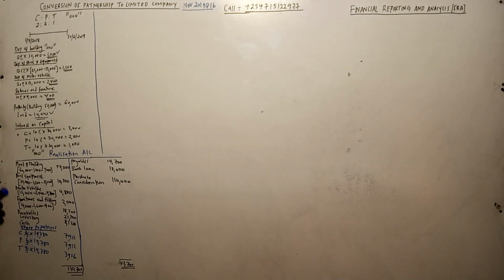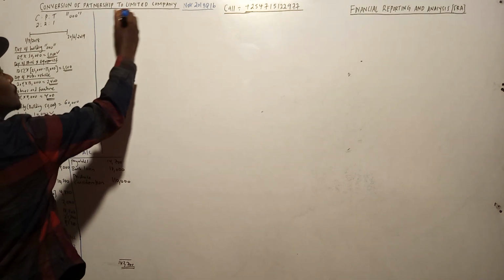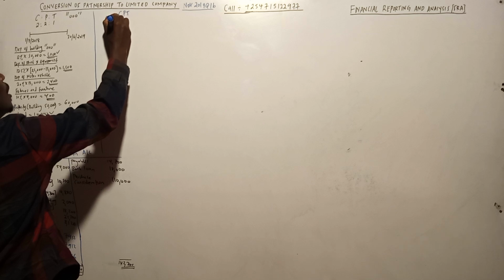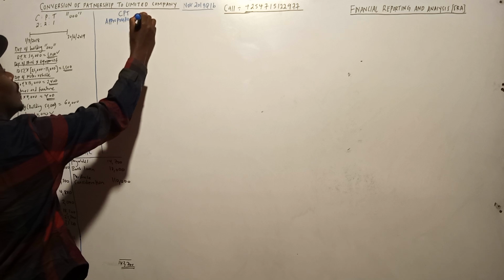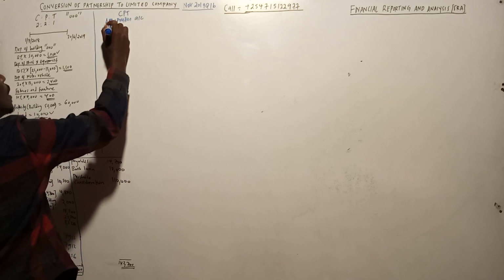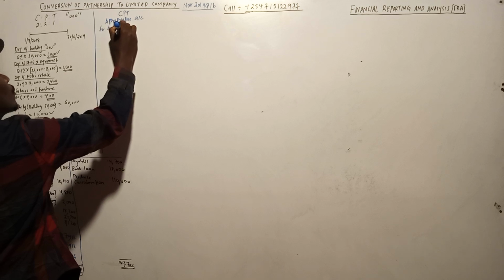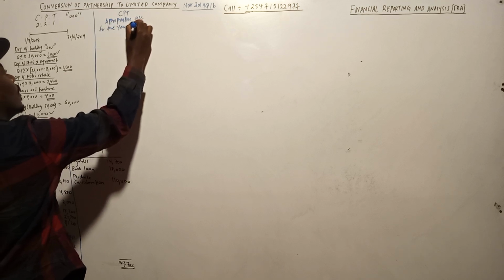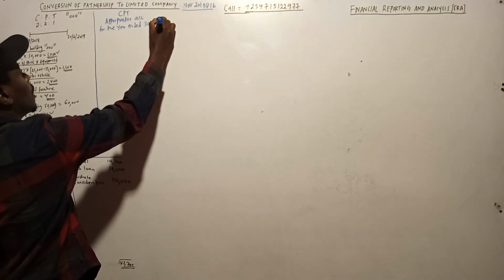So we say CPT appropriation account for the year ended 30th June 2019.